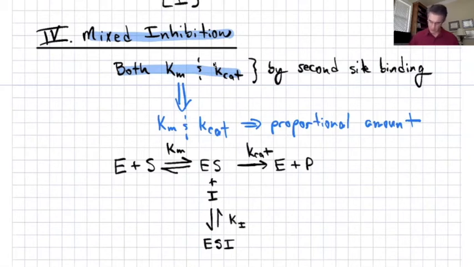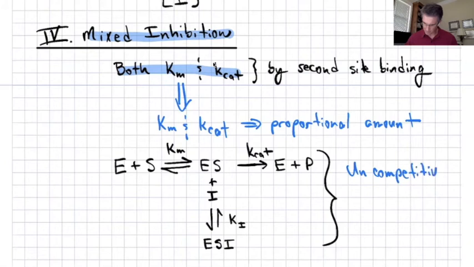This special example of mixed inhibition is often called, or it was classically known as, uncompetitive. Don't get that confused with non-competitive. Uncompetitive inhibition. And the reason you bring it up is because, like I said, it does occur.